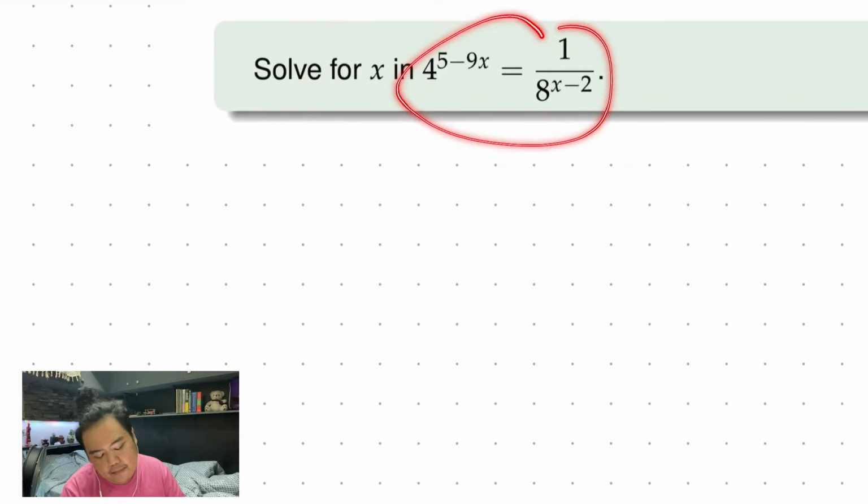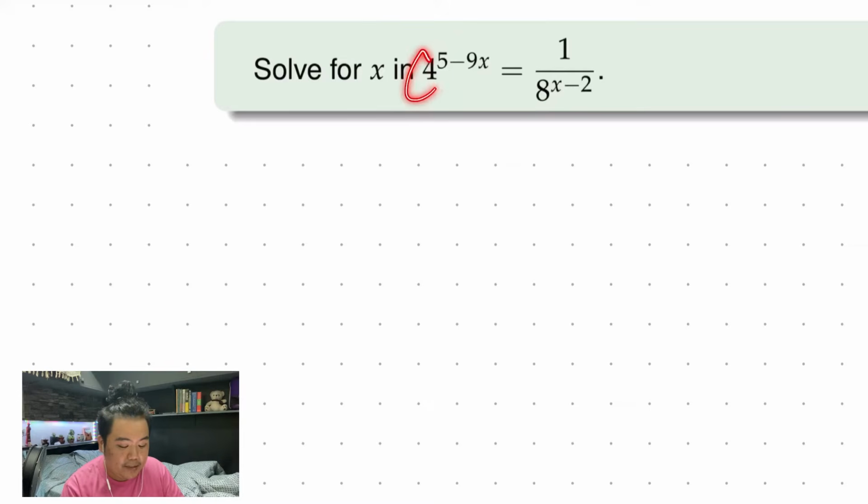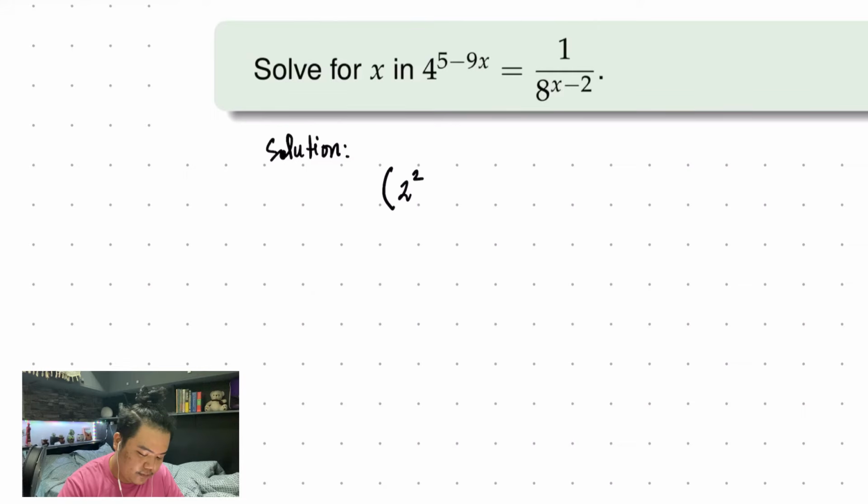In this example, kaso lang, the bases are not the same. So, we will force the bases to be the same para magamit natin yung special property. Okay? So, this 4, you can express it as 2 squared equal to, itong right side, this is the same as 8 raised to negative ng exponent.